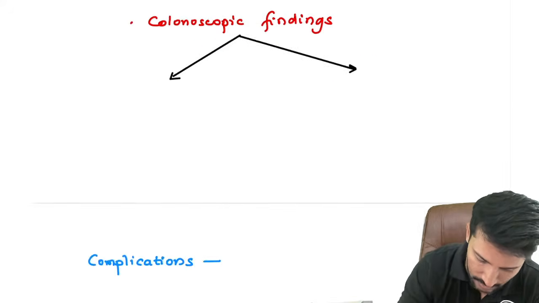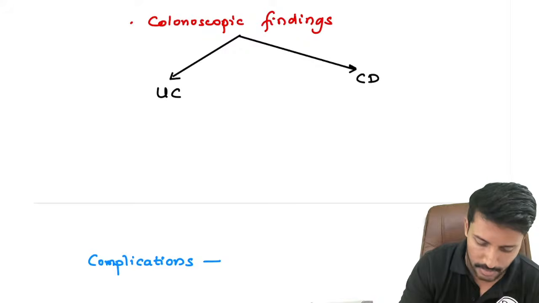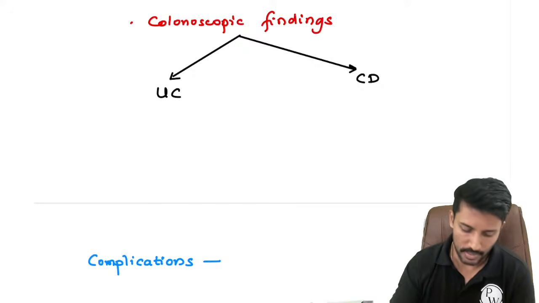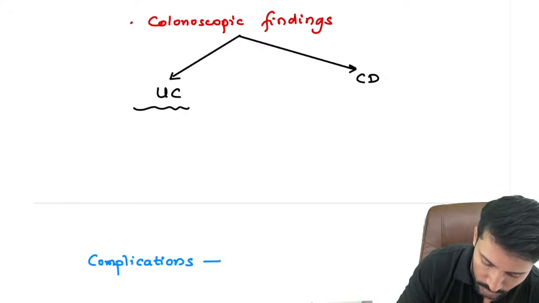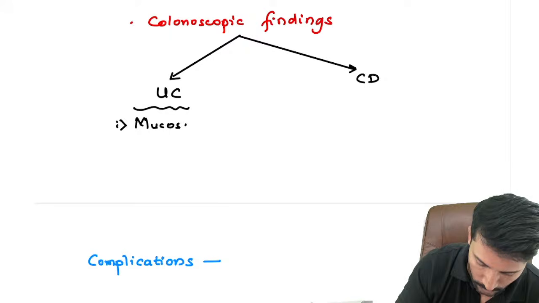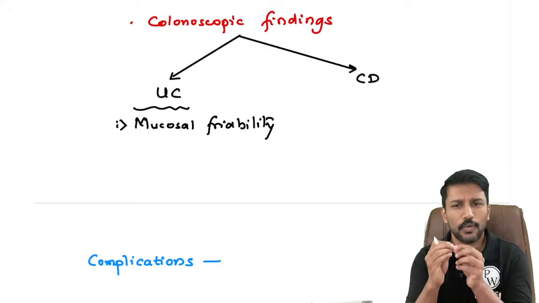So what findings will I get in ulcerative colitis? As I've already told you, ulcerative colitis is the condition where inflammation is restricted to the lamina propria. So what am I going to see under the colonoscopy? One, mucosal friability. What do I mean by that? The mucosa is very vulnerable to injury.